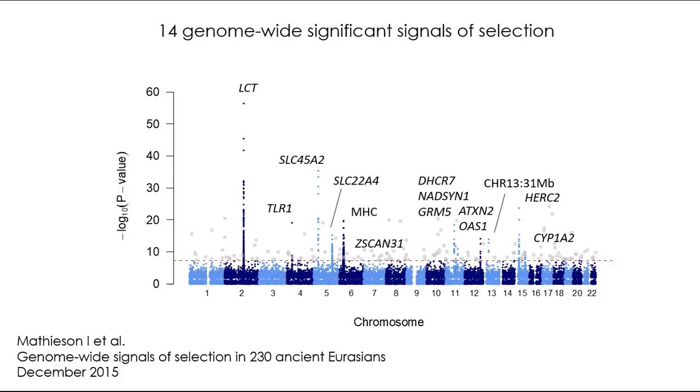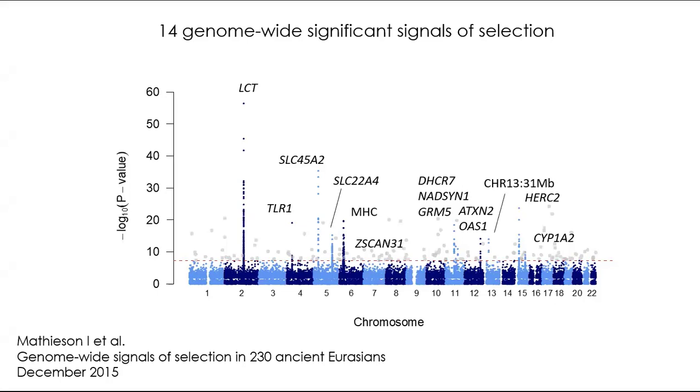Okay, so I'll show you a view of this map. This is a Manhattan plot because it's supposed to look like skyscrapers. On the x-axis is a map of your genome. So you have 22 chromosomes, plus the sex chromosomes, and each point here is a single genetic variant, a SNP. They're organized along the chromosomes.